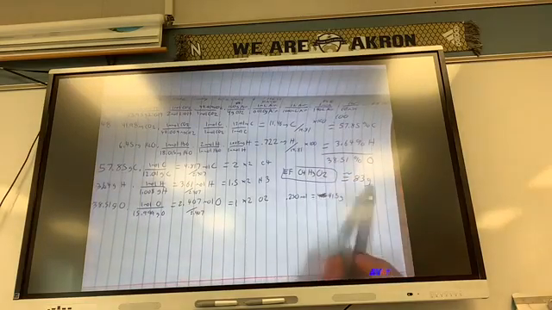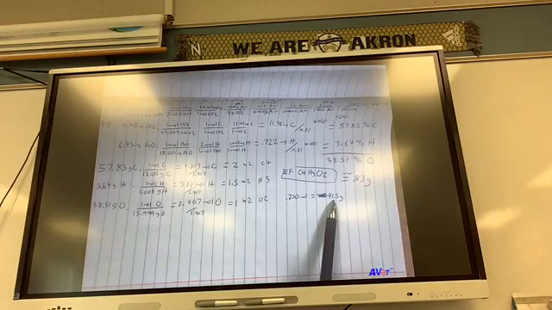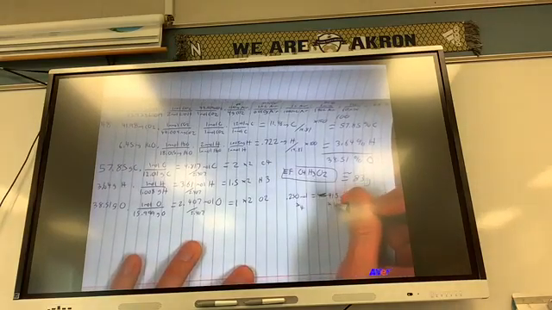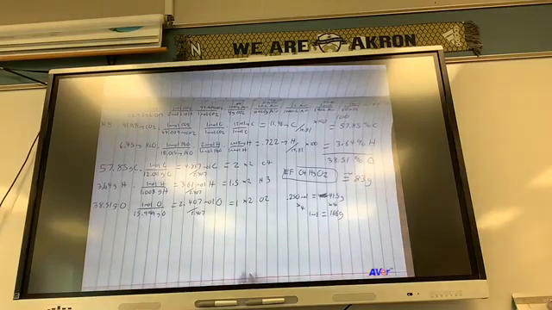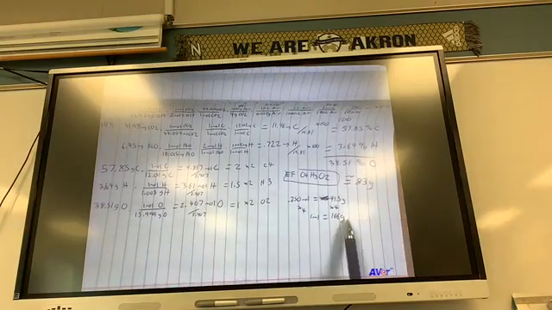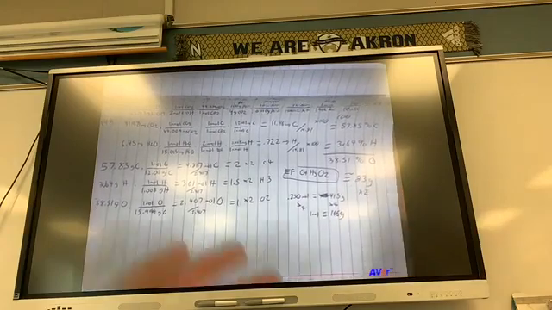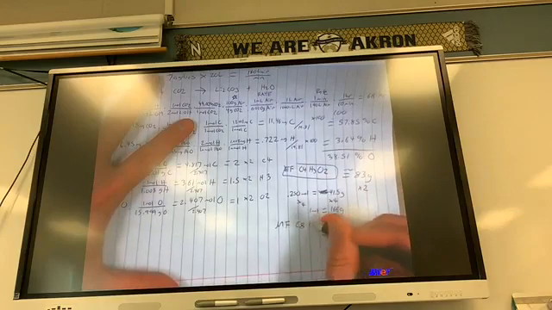But here, this is for every 1 mole. So what do I have to do with this number? Multiply by 4. So for every 1 mole, I've got 166 grams. 83 times what will give me 166? Times 2. So my MF is C8H6O4.